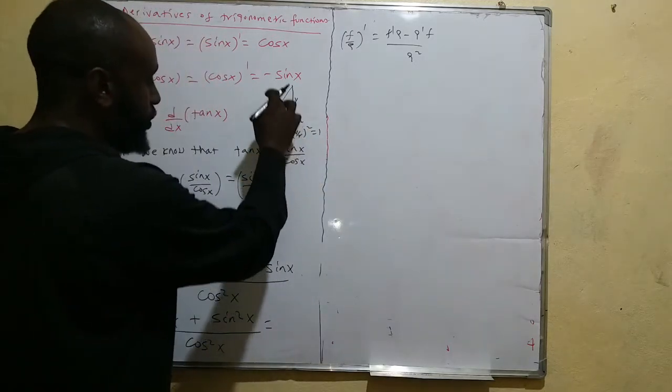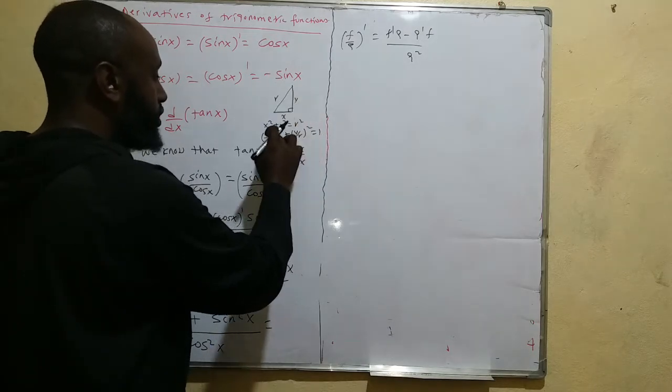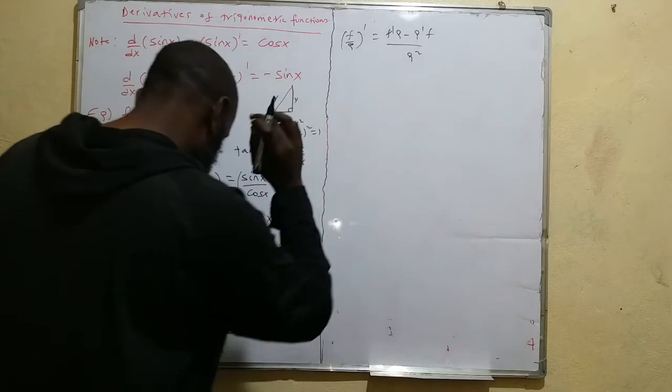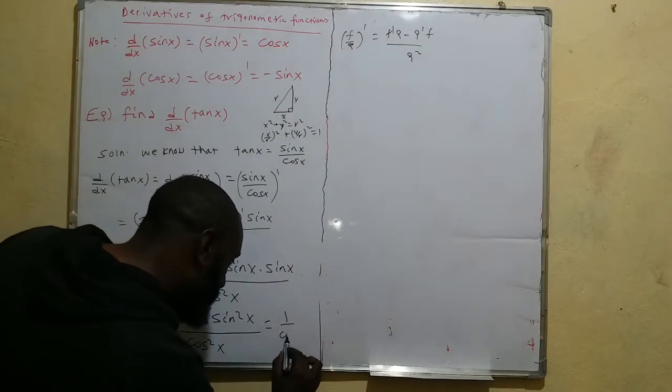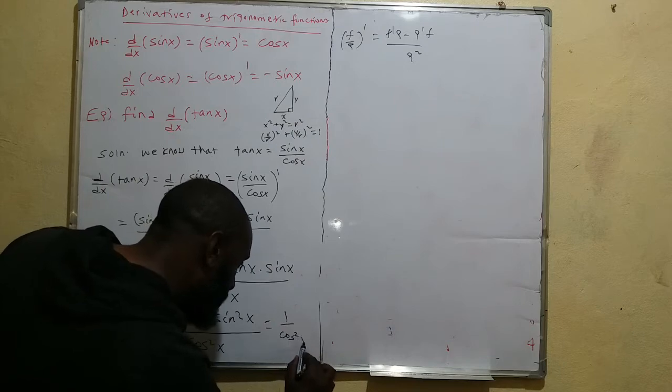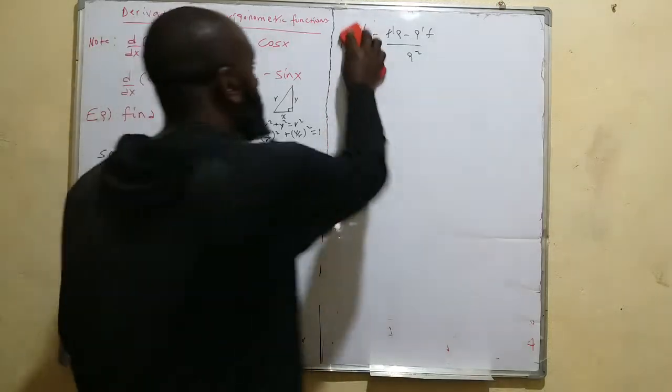Therefore x over r is cos, y over r is sine, so sine square plus cos square is equal to 1. Therefore this is 1 over cos square x.